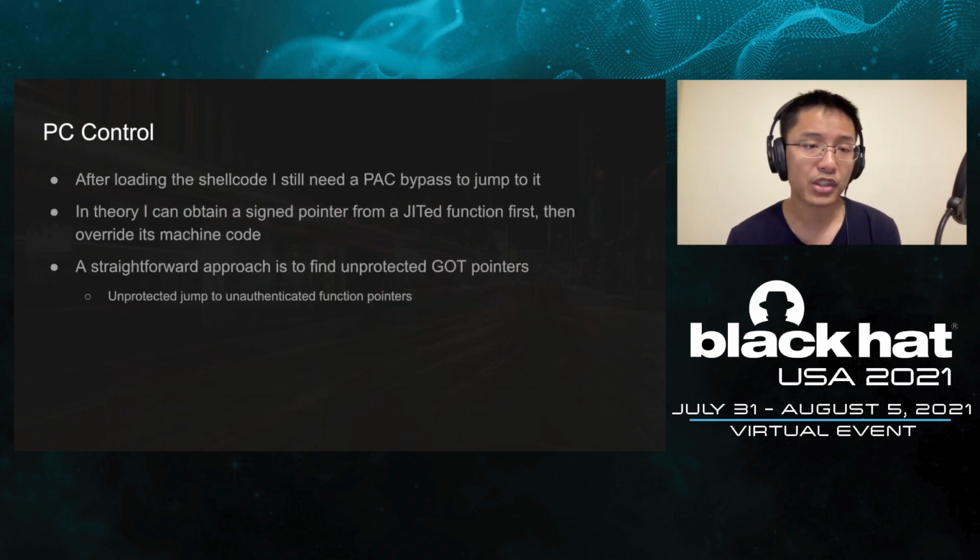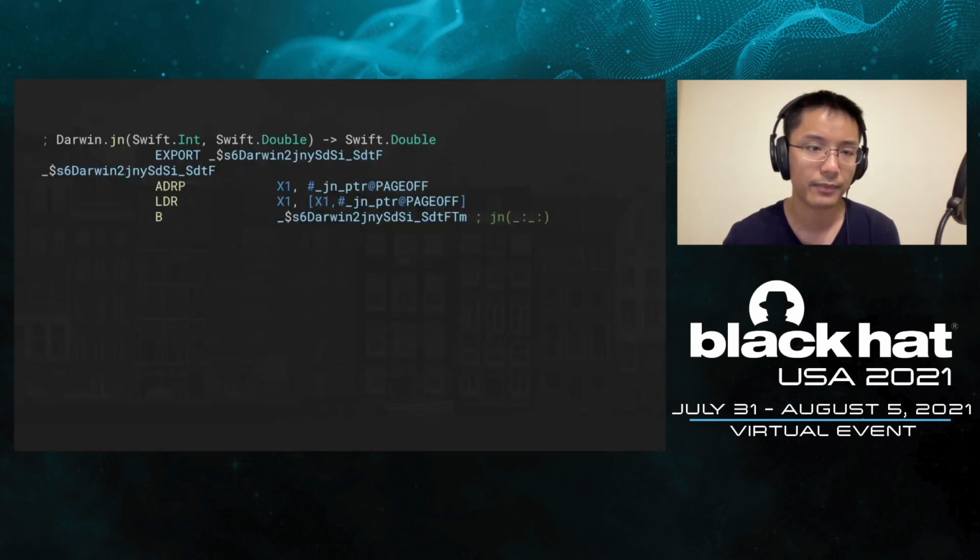So after loading the shellcode, I still need a PAC bypass to jump to the shellcode. In theory, I can obtain a signed pointer to a JIT function first, then override its machine code. But I chose a more straightforward approach instead: to find unprotected global offset table pointers. These are unprotected jumps to unauthenticated function pointers. Here's an example.